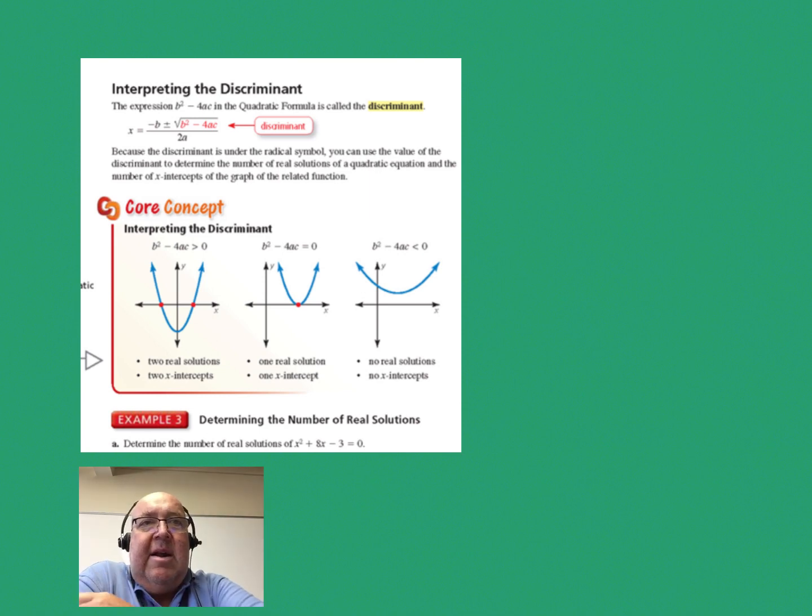And that brings us to this point. We can use what's under the radical, the b squared minus 4ac, to determine how many solutions an equation has.